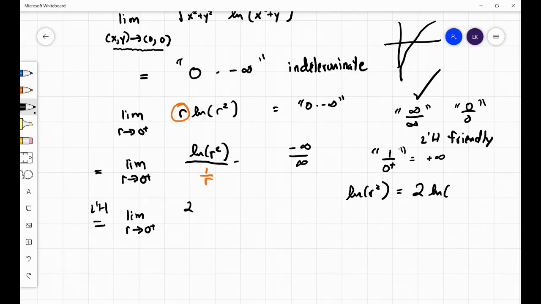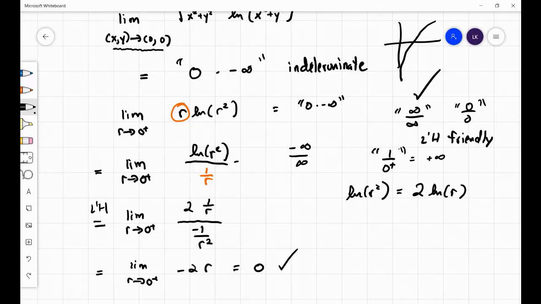So on top, we get the derivative of 2 times log of r, so 2 times 1 over r. And the denominator we differentiate with respect to r, and we get this, which we in turn simplify, and now we can evaluate the limit directly as it turns out. We get 0. Okay, so the limit would be 0.